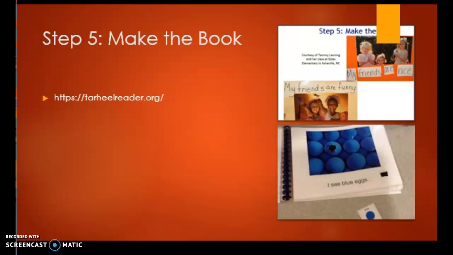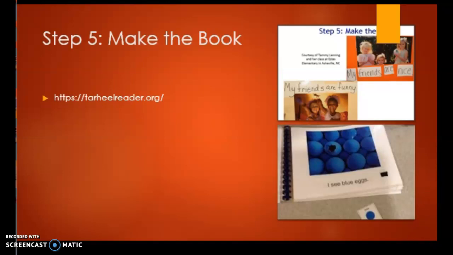In this top one here, it looks like they literally made a book with construction paper and their sentence stems and real pictures, which can be great. It looks like their sentence stem was, my friends are. So they included their sentence stem and then a picture of their friends.